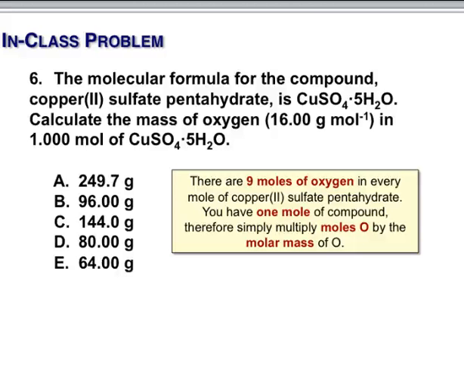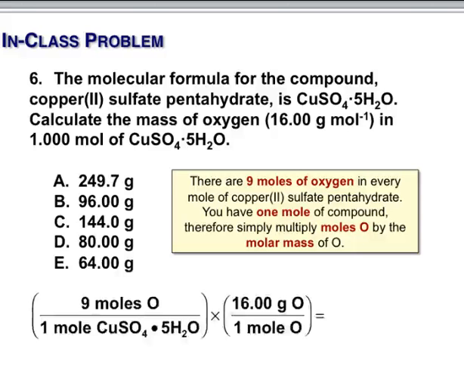We know that every mole is going to weigh 16 grams. So 9 times 9 moles. So this is our stoichiometric ratio, our mole ratio, if you will. Every one of these weighs 16 grams. Simply do our math. 9 times 16 is 144.